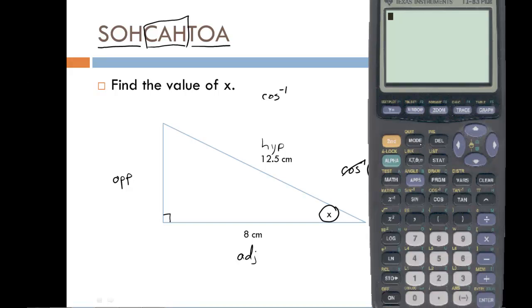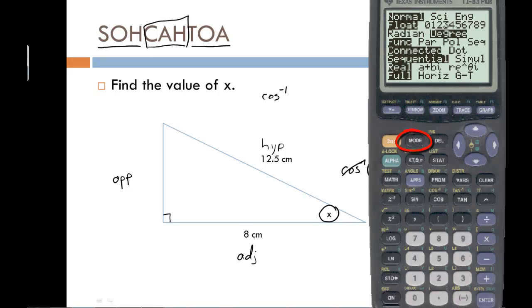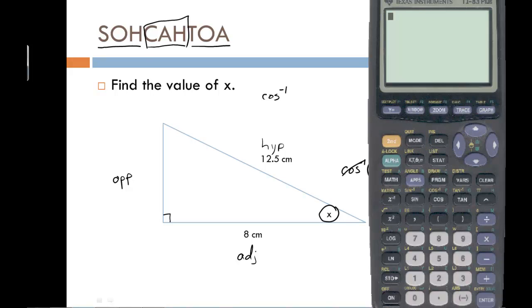Now we can enter this into our calculator. And the first thing we want to make sure is that the mode is set to degrees. So click on the mode button and make sure it's set to degree instead of radians. And to compute the inverse cosine, press second and cosine, and that gives us cosine to the -1 power there.